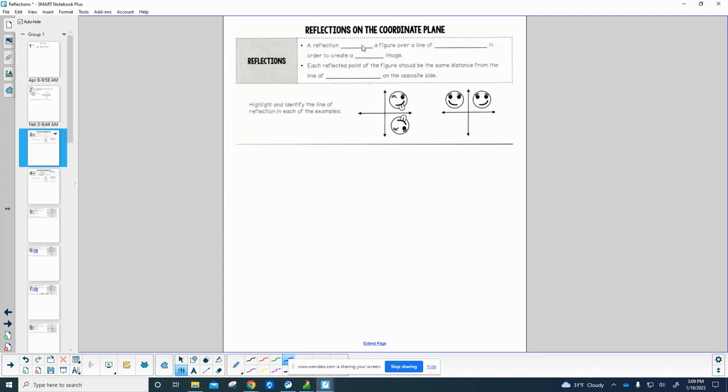So let's fill in a couple of missing answers here that will help us get a better understanding of what we're talking about. A reflection flips a figure over a line of reflection in order to create a congruent image. Each reflected point of the figure should be the same distance from the line of reflection on its opposite side.